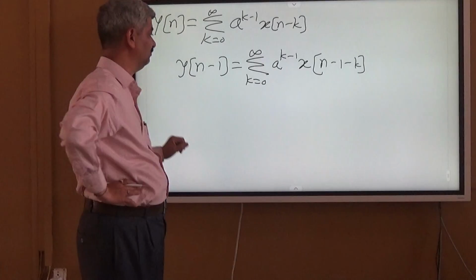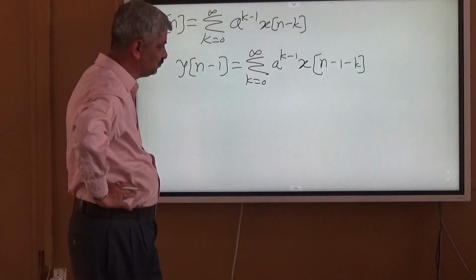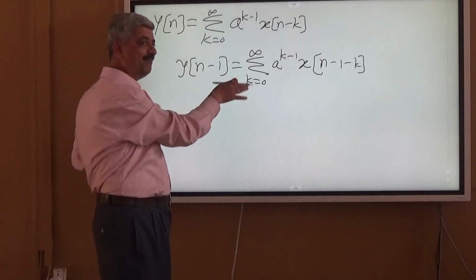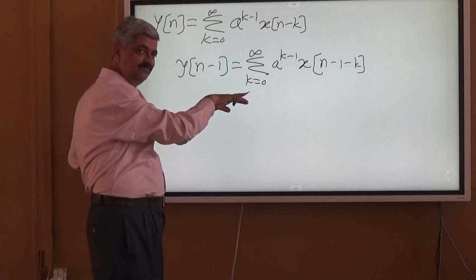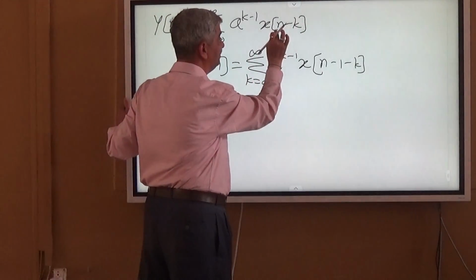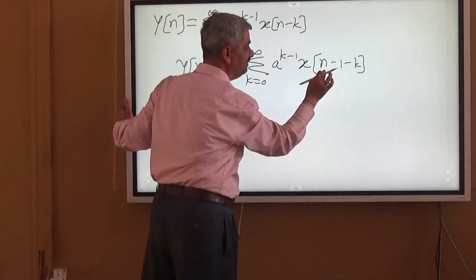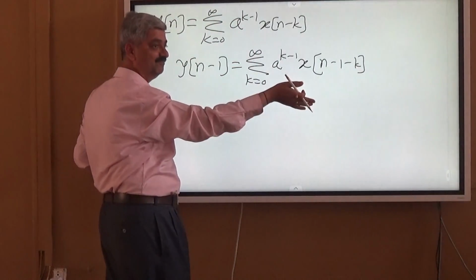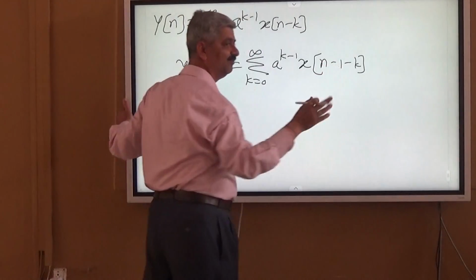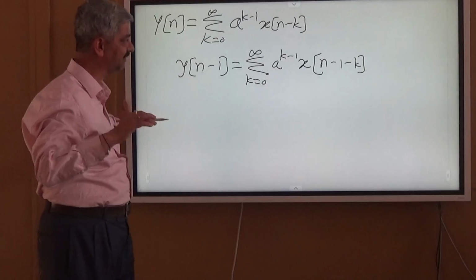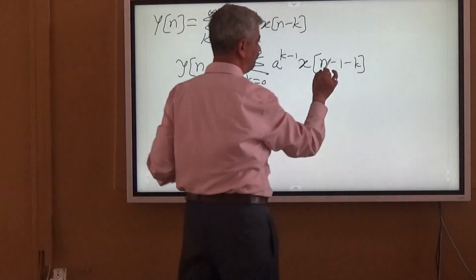What logic will follow? So you can change variable k by m. But this x term should become x of n minus m, and n minus 1 minus k should not remain. So what logic can you adopt? 1 plus k, so this I can put in a bracket, right?